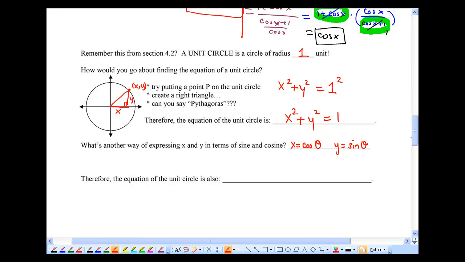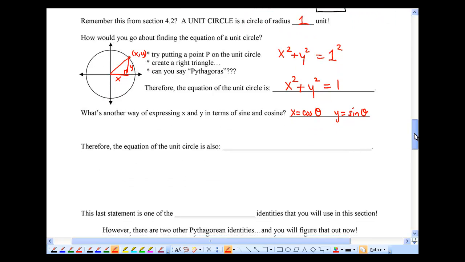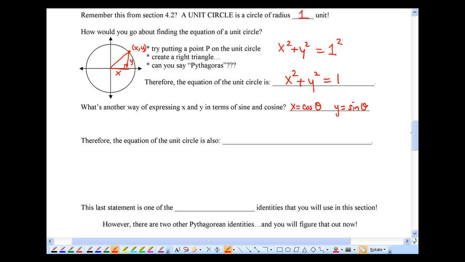And if you did that, then something kind of mysterious happens here. Because the unit circle could now be cosine theta squared plus sine theta squared equals 1.